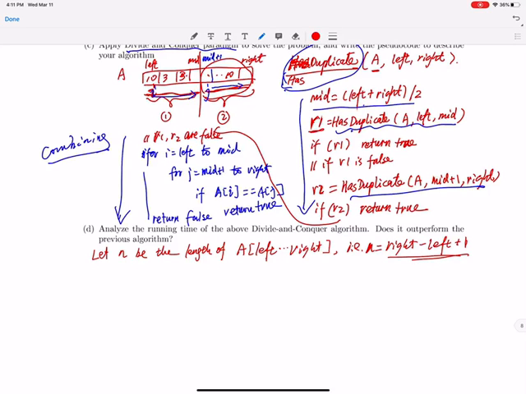So let's write again to make our analysis easy. We want to be explicit about what T sub n stands for.